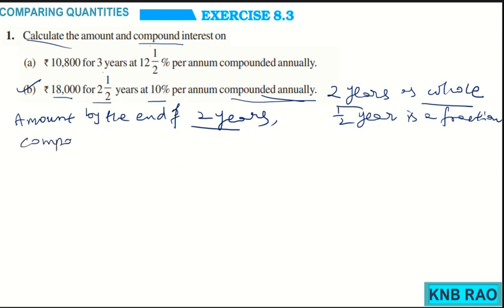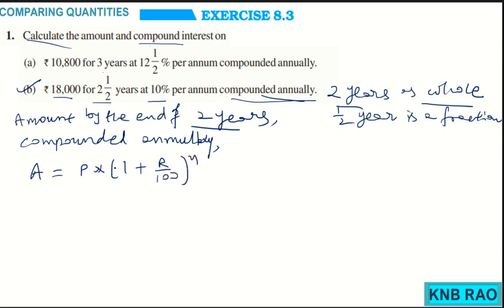where compounded annually, we will use compounded annually. That means the formula we will use is the same, A equals P into 1 plus R upon 100 raised to the power n, where P becomes 18,000 and 1 plus rate of interest is 10 by 100, power is 2.